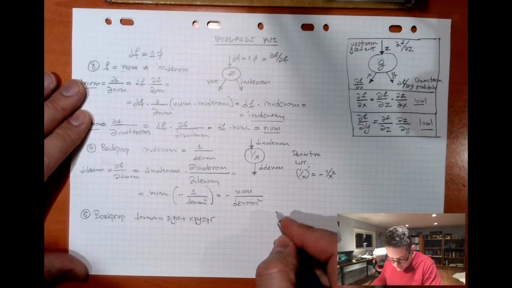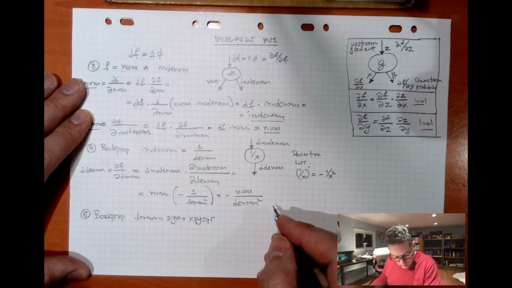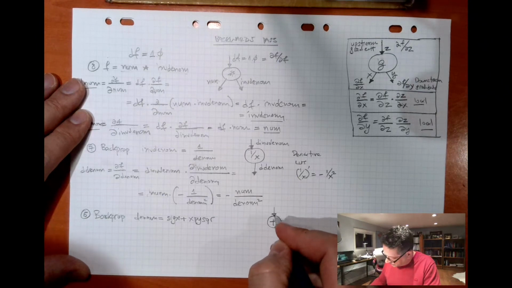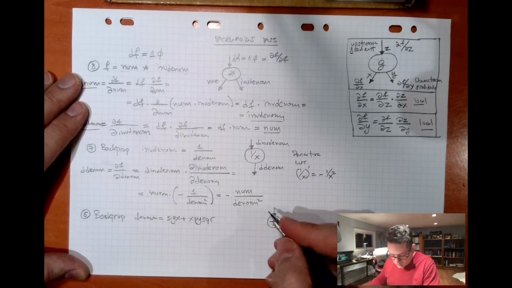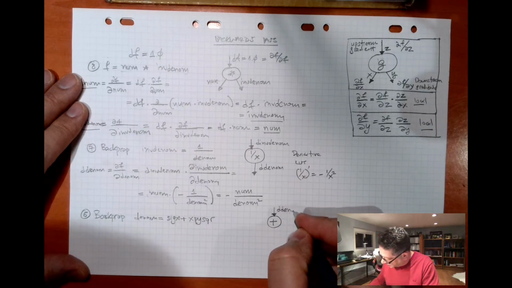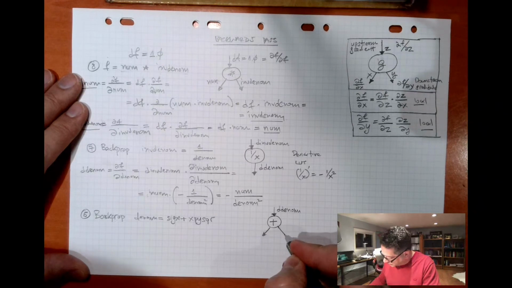So what was this actually gate? This gate is an adder. Okay, so we are receiving the d denom upstream gradient, and now we have two ports.